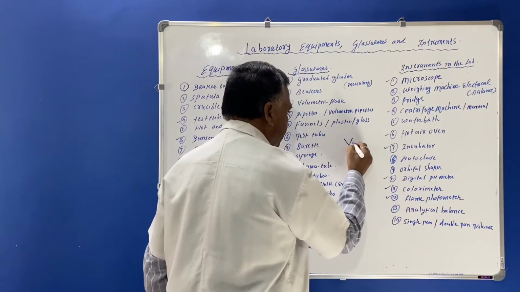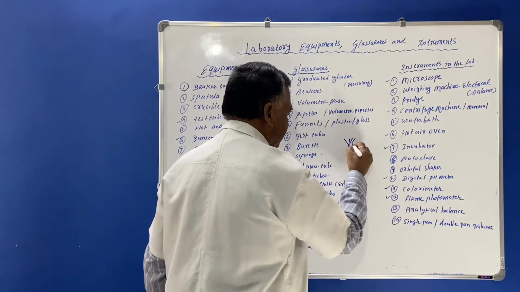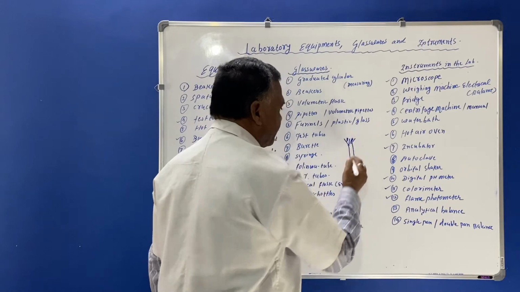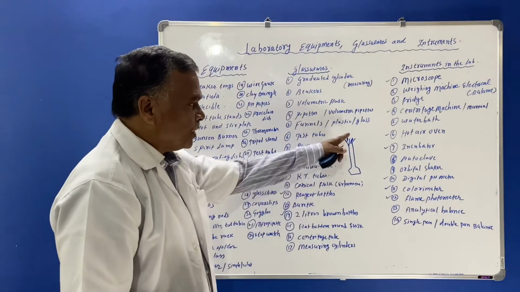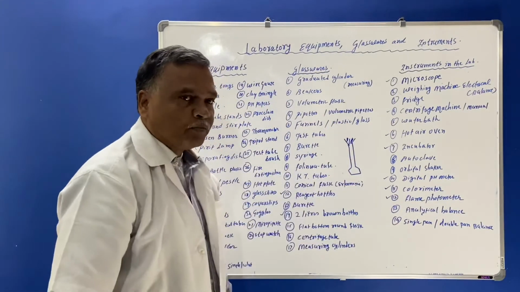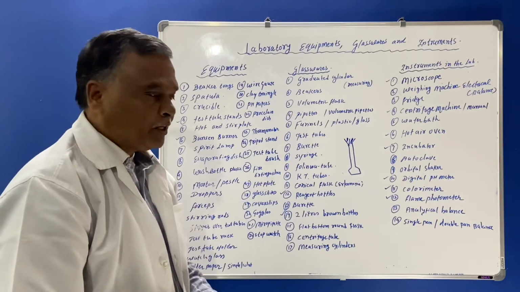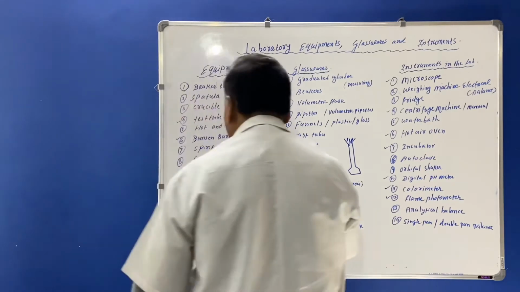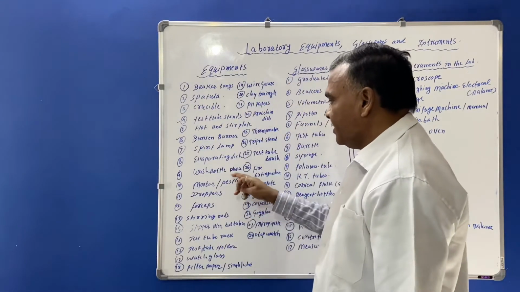The Bunsen burner is like this. When you are heating the test tubes, you have to hold them with the help of the test tube holder on the Bunsen burner. So this Bunsen burner is used here.